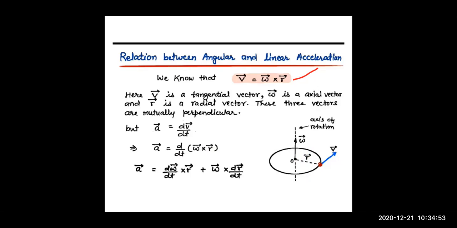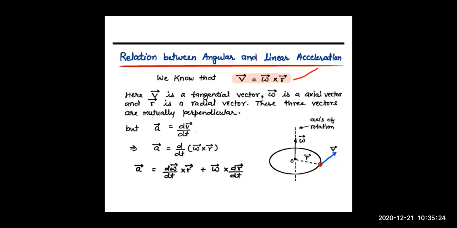Now children, here we are assuming that a particle at any particular instant of time is at this point, let this point be called P, and the particle is moving with linear velocity v. And as the particle is moving on a circular path, it will have angular velocity also, right? And its angular velocity is omega.